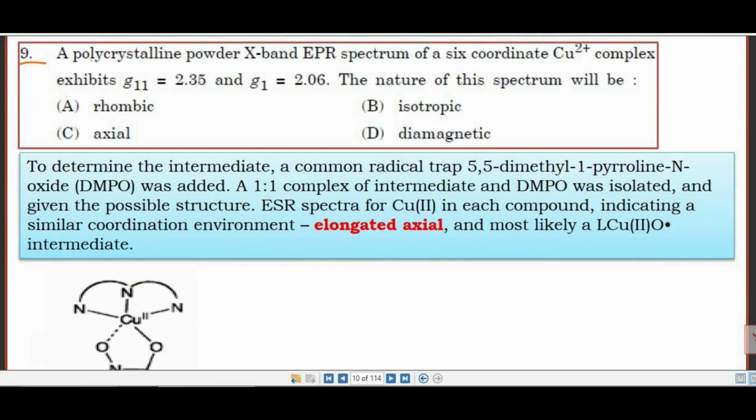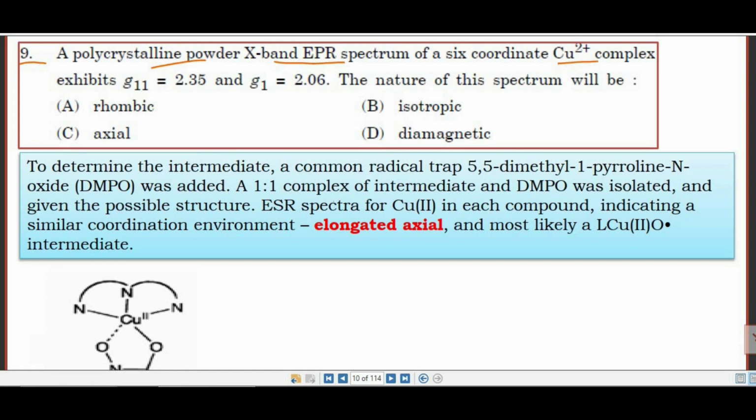Question number 9. A polycrystalline powder X-band EPR spectrum of a 6-coordinated copper complex exhibits g parallel 2.35 and g perpendicular 2.06. The g value has been given. The nature of this spectrum will be to determine the intermediate radical trap, that is DMPO, 5,5-dimethyl-1-pyrroline N-oxide, was added.